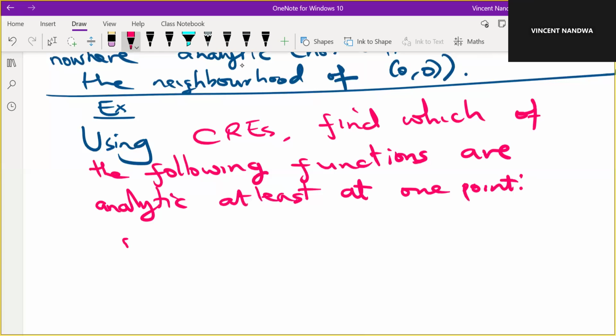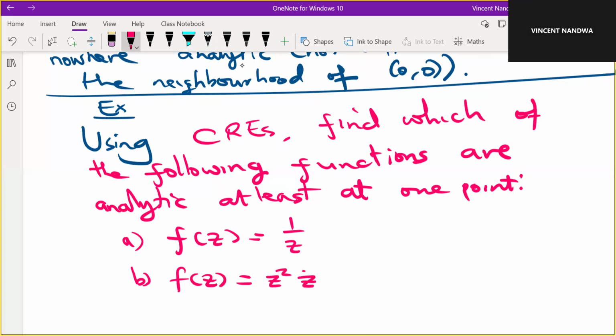So the first one is f of z equals 1 over z. B, f of z equals z squared times conjugate of z.